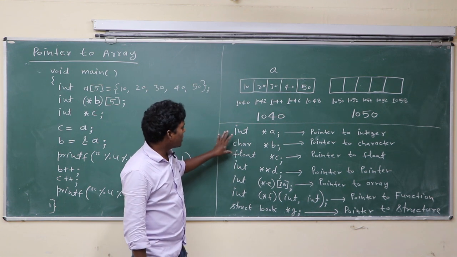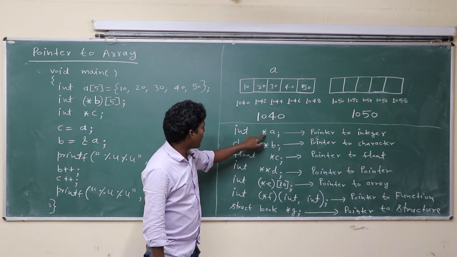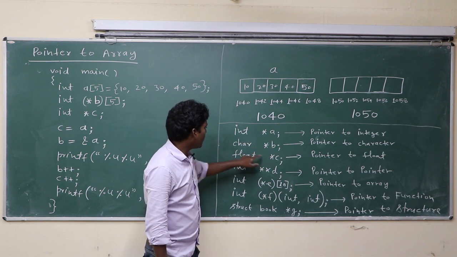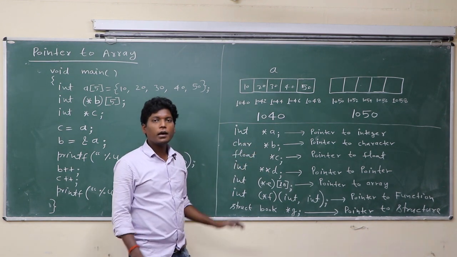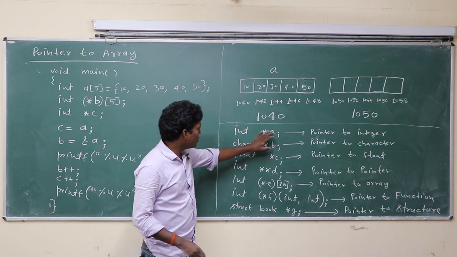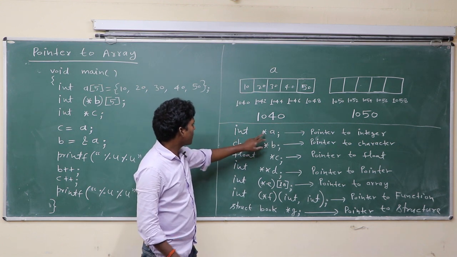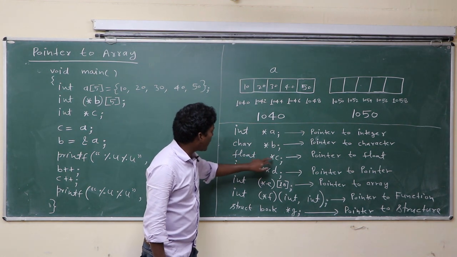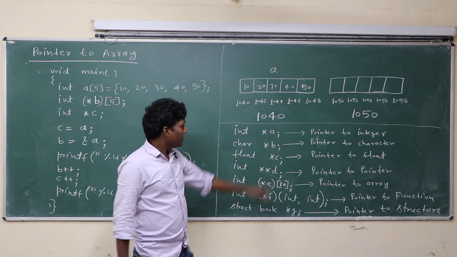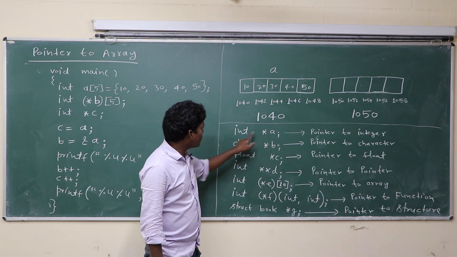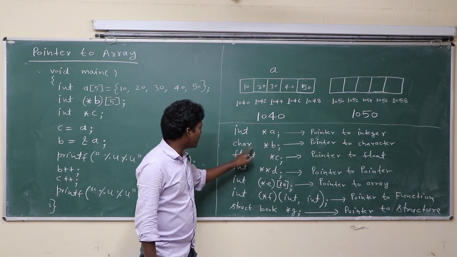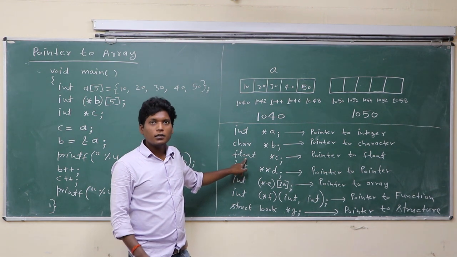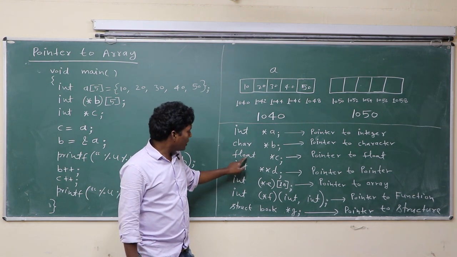Here we studied int asterisk a, char asterisk b, float asterisk c. This is pointer to integer, pointer to character, pointer to float. We have already learned about it.